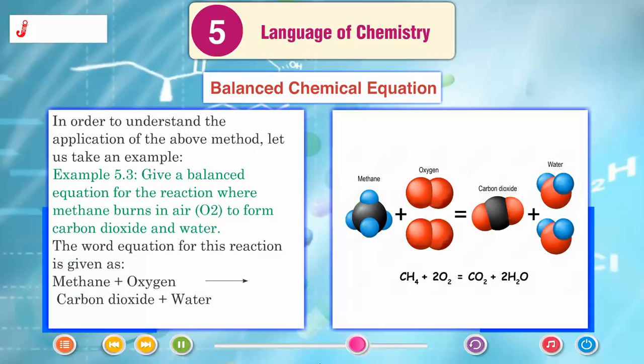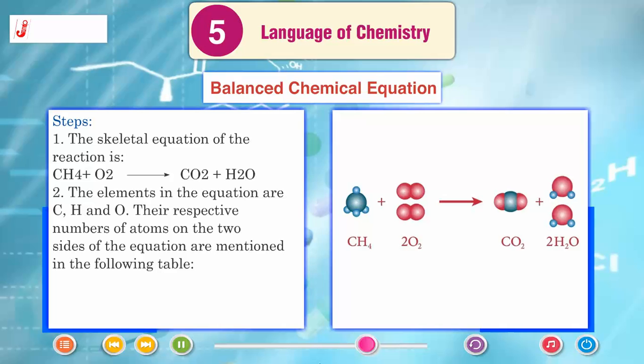In order to understand the application of the above method, let us take an example. Example 5.3. Give a balanced equation for the reaction where methane burns in air (O2) to form carbon dioxide and water. The word equation for this reaction is: methane plus oxygen gives carbon dioxide plus water. Steps.